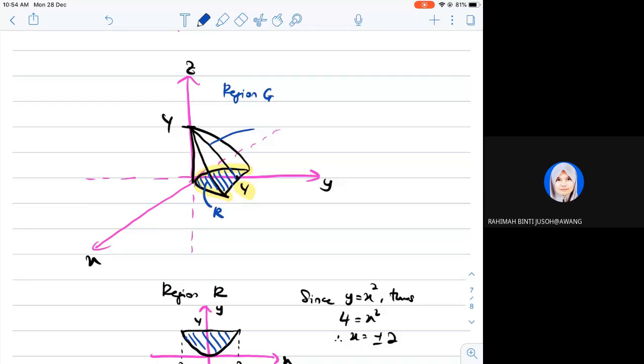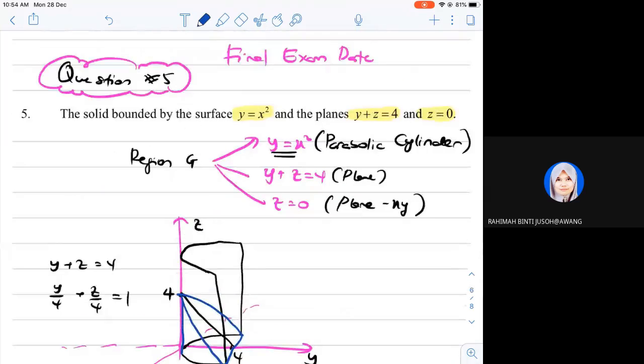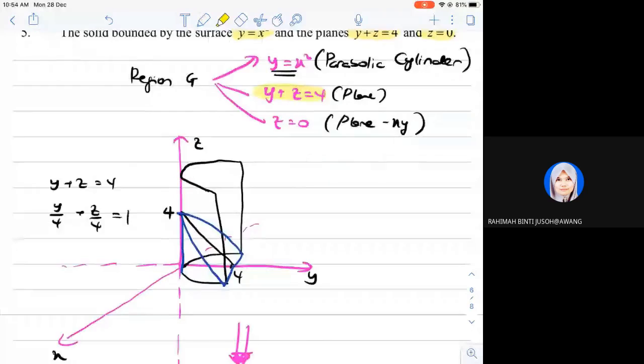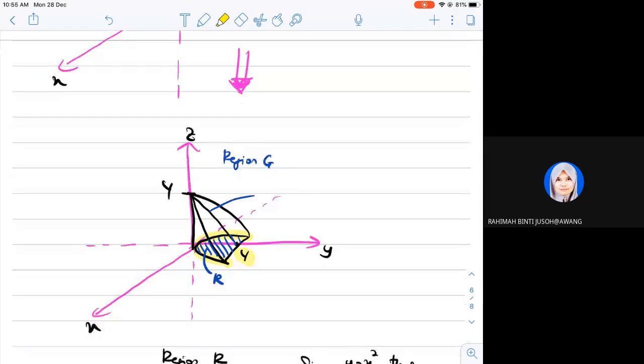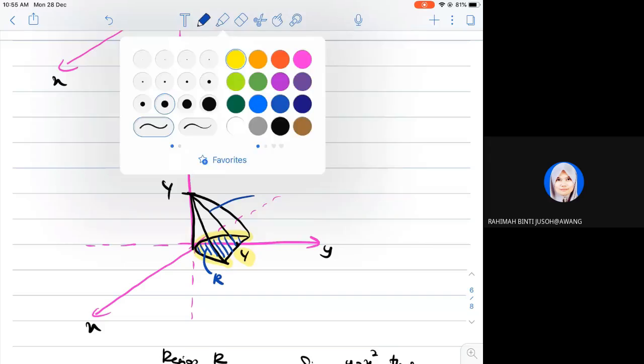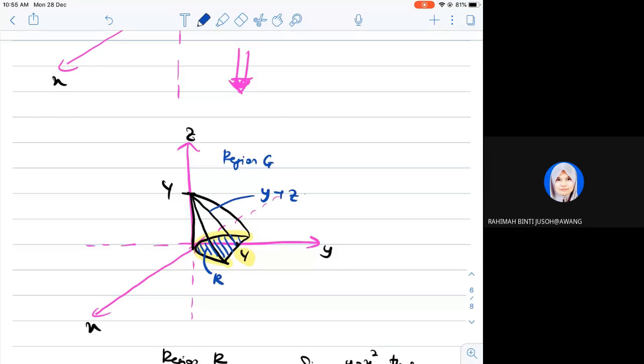Earlier it was y plus z equals 4. We take this plane, y plus z equals 4. Therefore, z equals 4 minus y.